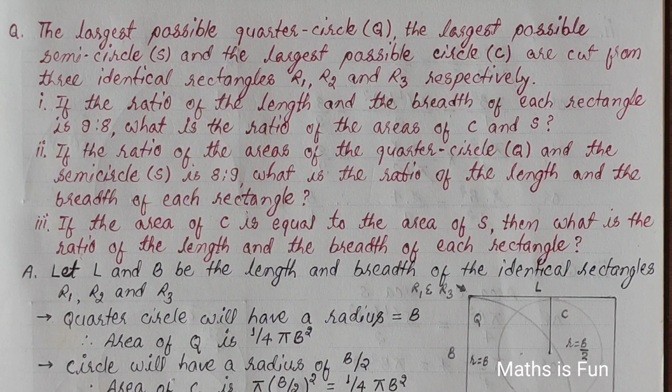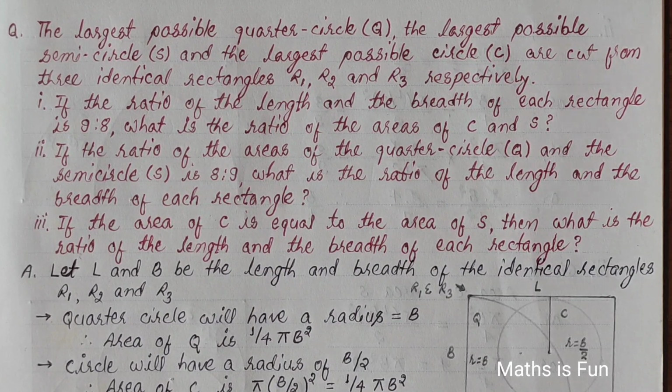In this video I have a geometry question with me, but before I go to the question, today I am going to ask you a GK question, the answer to which I will give at the end of this video. So the GK question is that yesterday, on 15th of July 2023, India launched a moon mission called Chandrayaan-3.